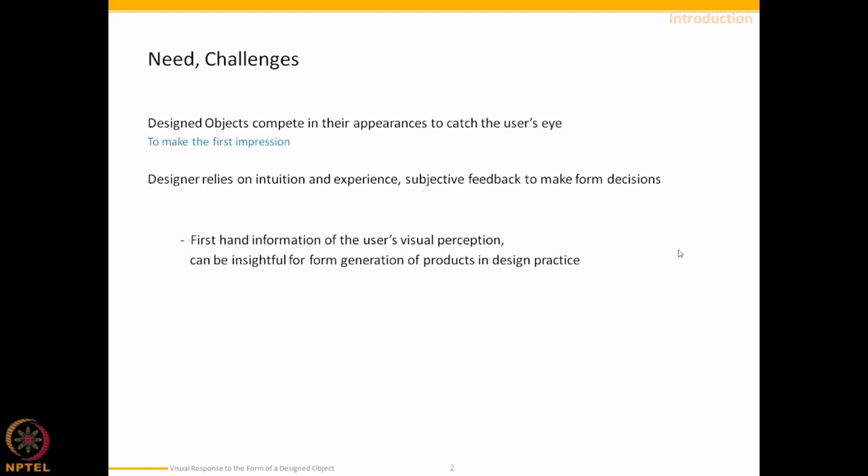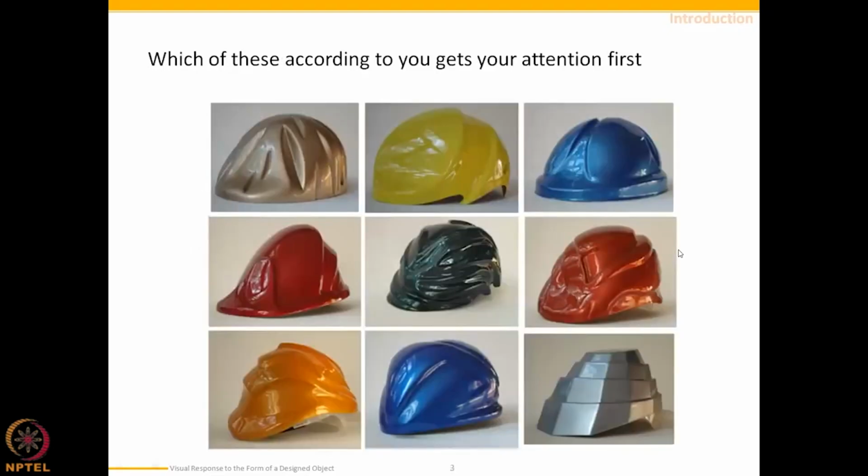So mostly they can never actually articulate why they chose a particular form over another form. So if they get first-hand information on what the user likes about the shape, about the look of a product, a designer has cues in their head, which they can step on as small islands and create an outline, especially for the people who design for markets.